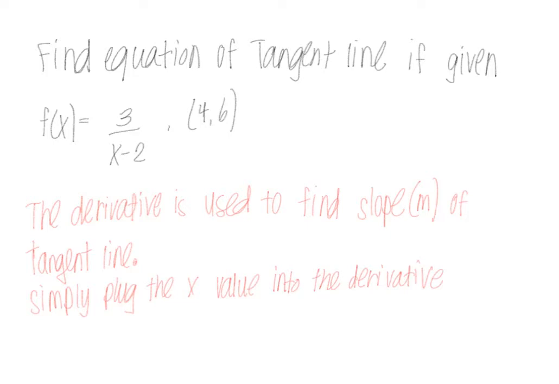So the derivative is used to find the slope of the tangent line. And once you have the derivative, all you do is plug x into that derivative. And that x comes from this x value right here.